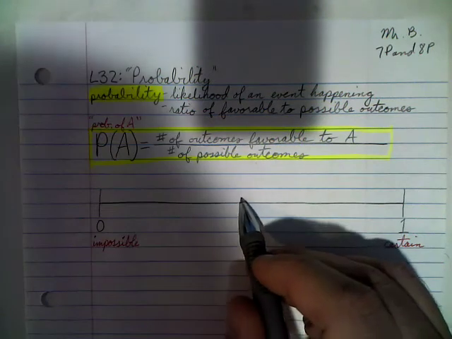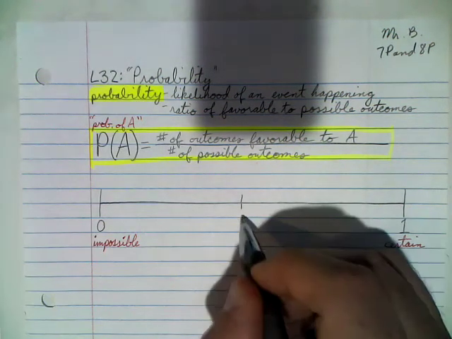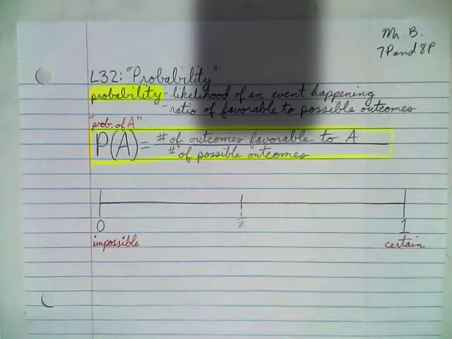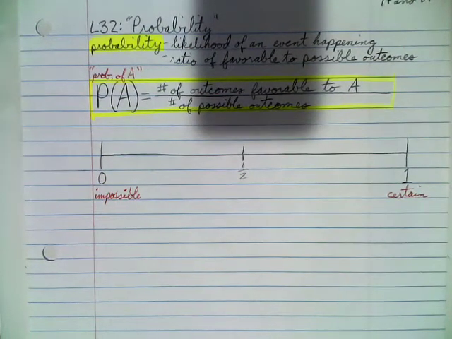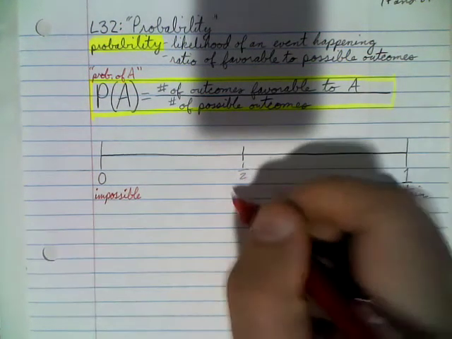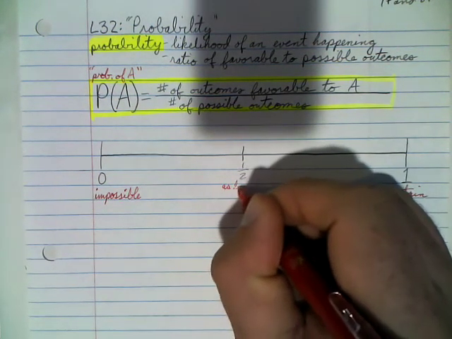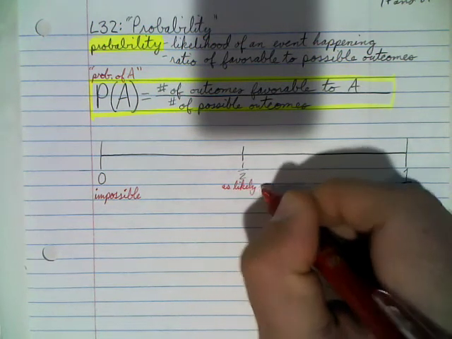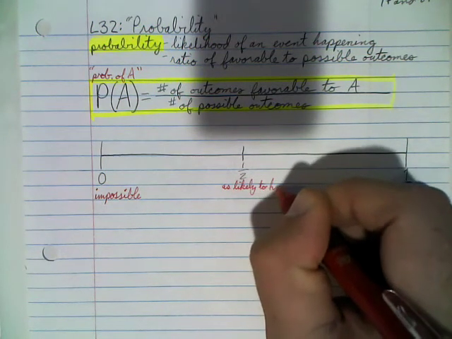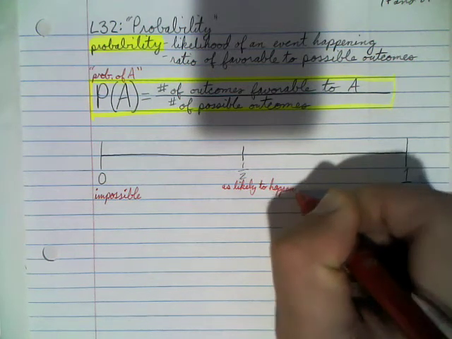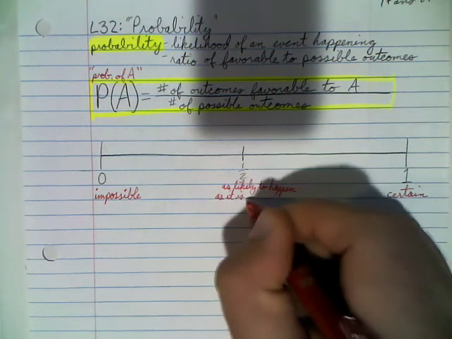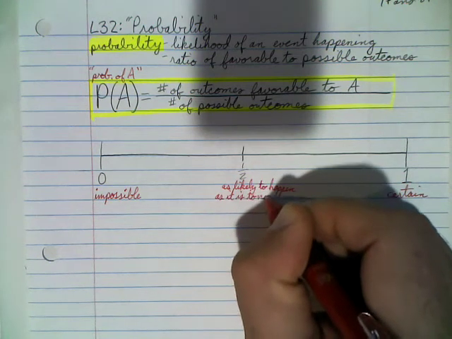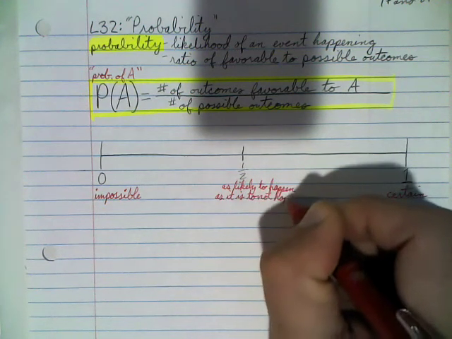Now if we split this literally in half, and half looks about there to me. A probability of 1/2 then is halfway between impossible and certain. So basically what this means is that it is as likely to happen as it is to not happen.